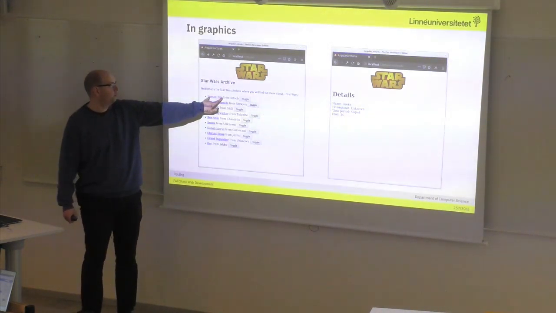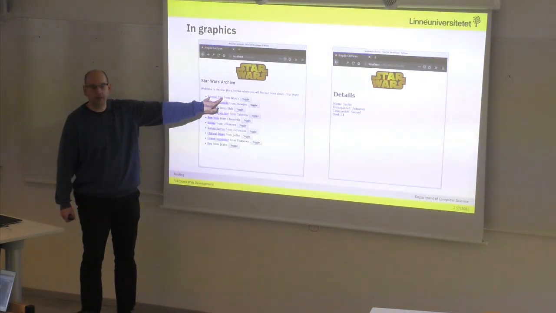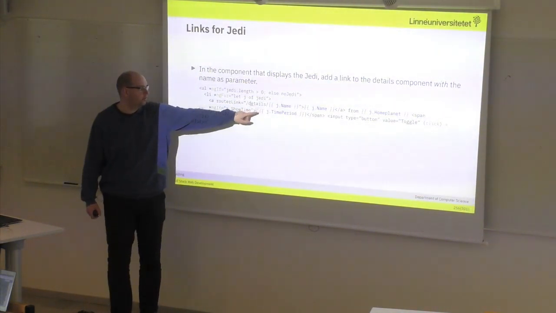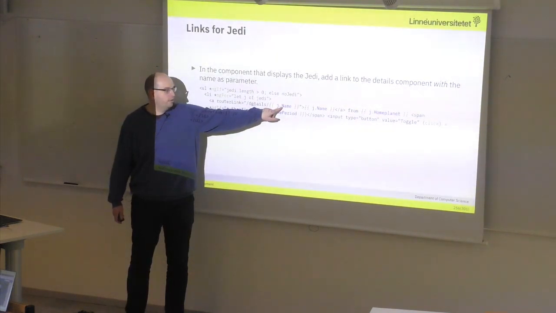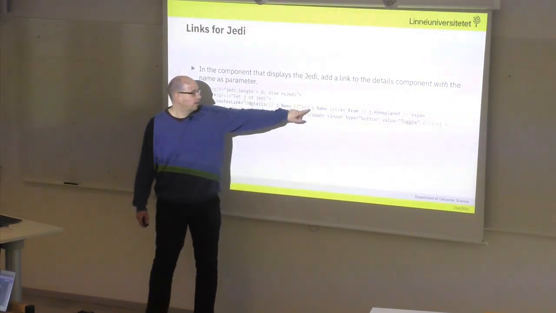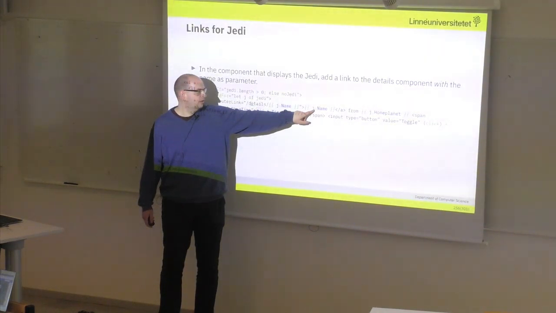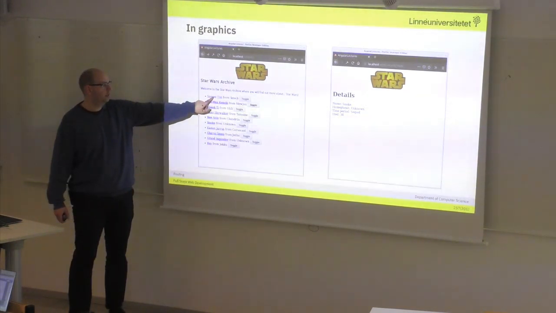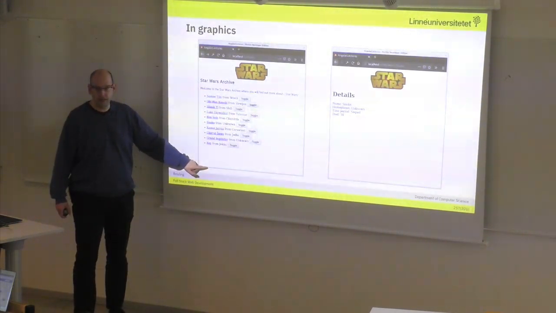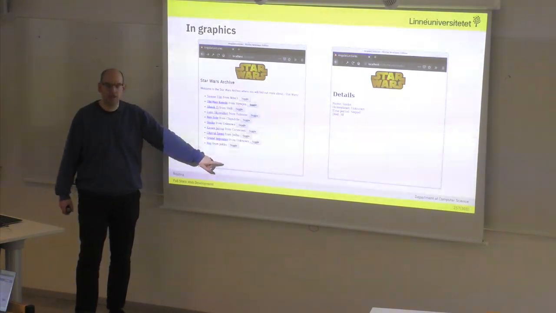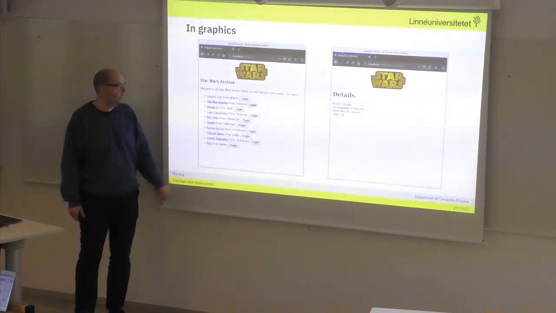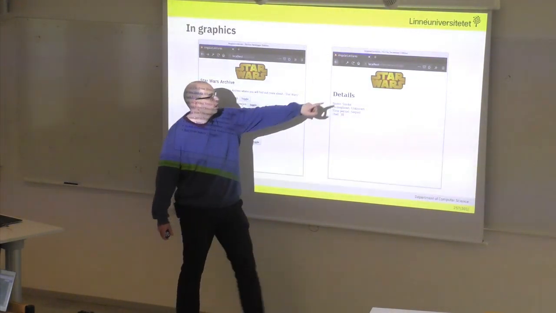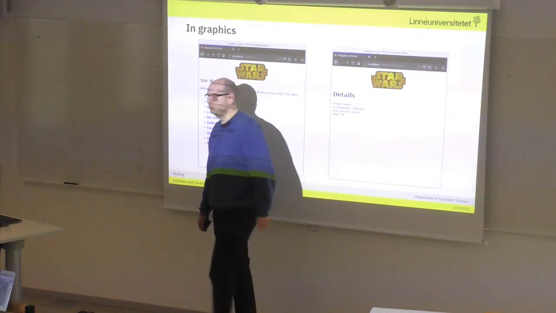So we create a router link over here, and we set it to details, and we interpolate the name of this character, and then we print out the name. This is the name that we see. But if we put our mouse pointer over this one, it will say over here localhost blah blah blah details/Cesartine. And if we press Snook, the details will come up on details/snook like this.